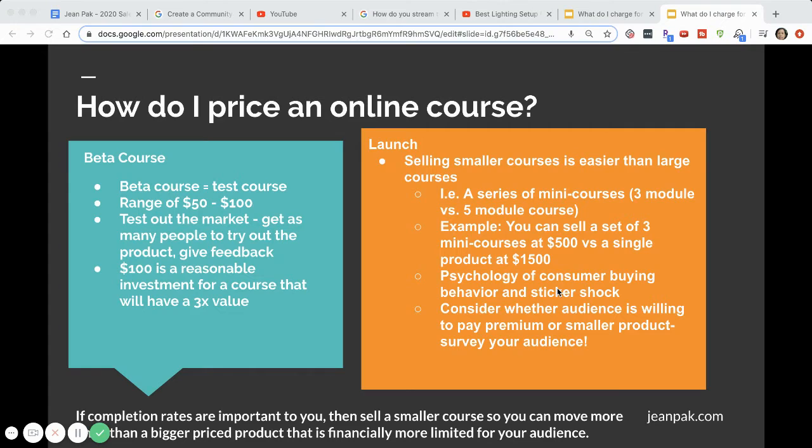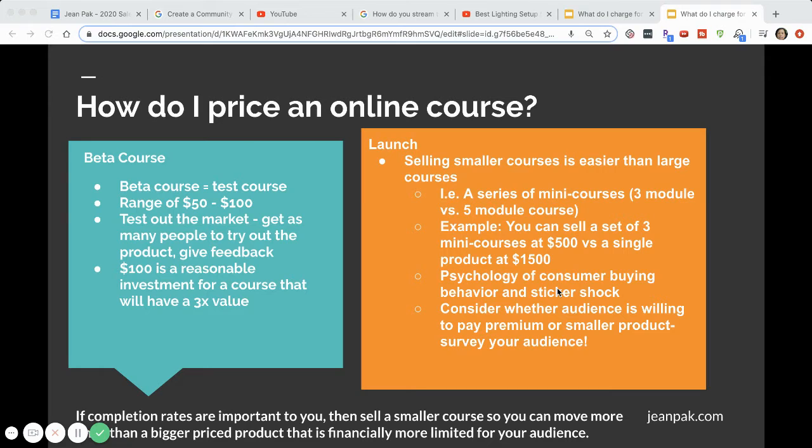Also, when you get it out to more people earlier, it helps you validate your product idea, and it helps you validate that there is a demand for this course. And what I'd like to say is, $50 to $100 is reasonable for most people. If you think about consumer behavior and the psychology of buying, we all have our own threshold around price and a ceiling.